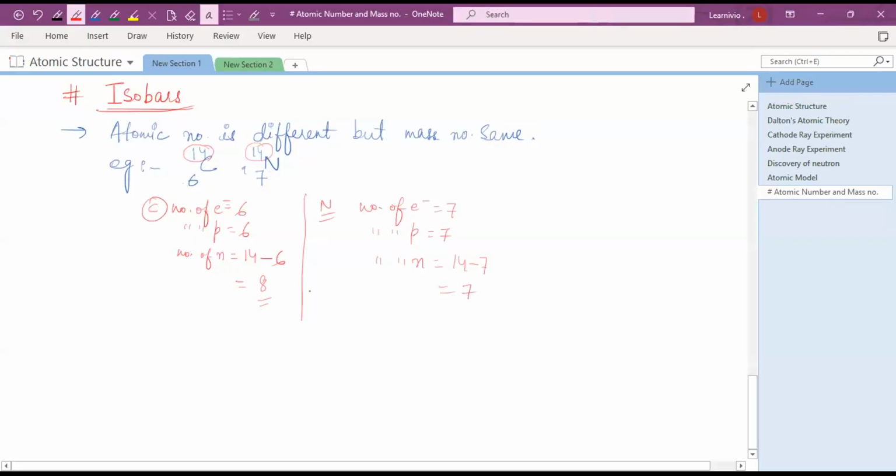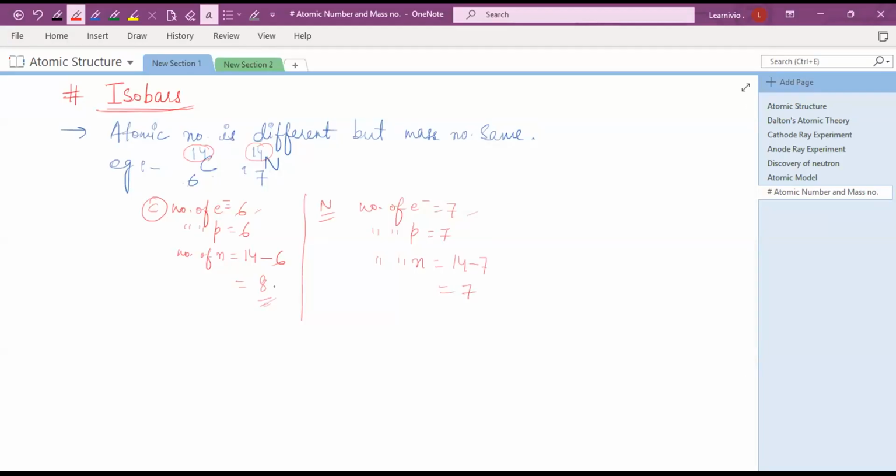Means in the isobar case, the number of electrons, protons and neutrons is different for both isobars. Here in carbon it is 6, but in nitrogen it is 7, right? And the number of neutrons is also different, 8 and 7.